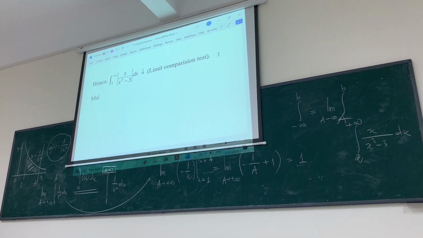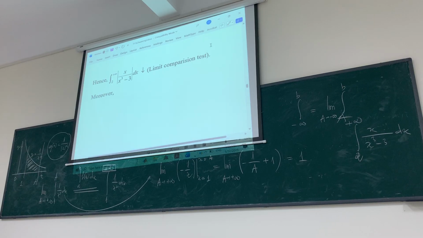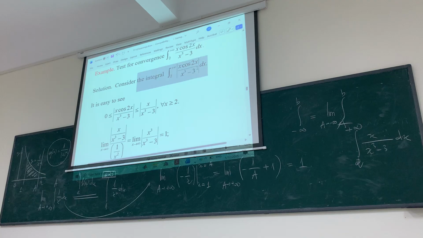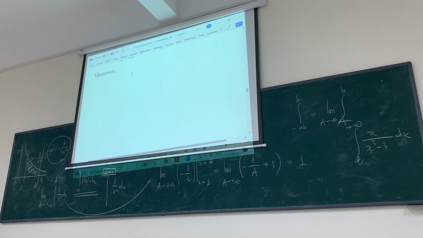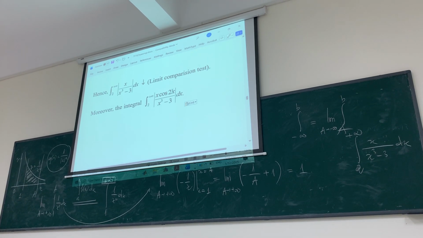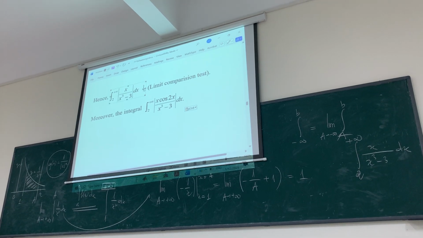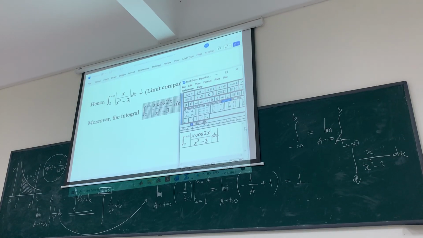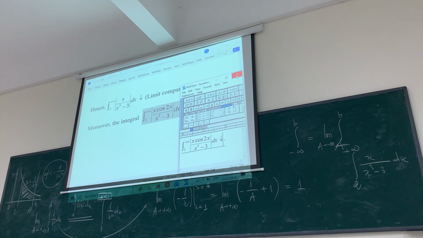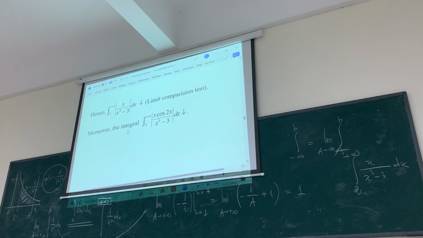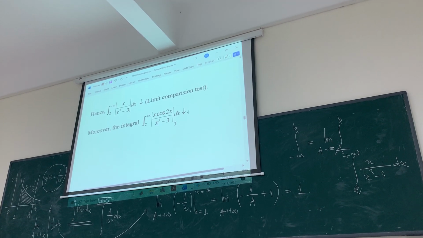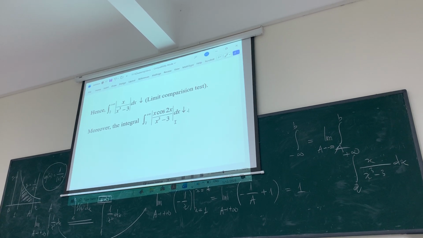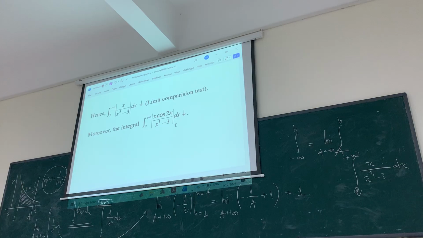Moreover, we have the integral from 2 to infinity of absolute cosine 2x over x cubed minus 3 converges.